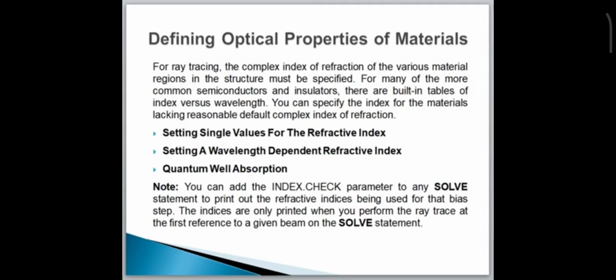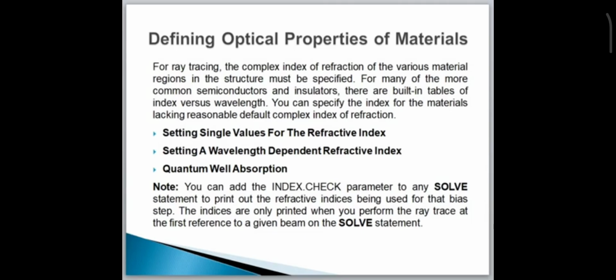You can specify the index of the material, lacking which the default complex index of refraction is used, in which I will explain how to set a single value for the refractive index, how you can set a wavelength dependent refractive index, and the quantum well absorption.